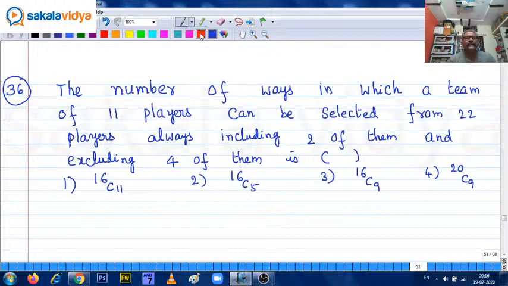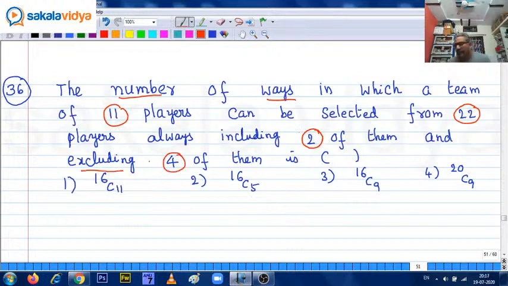So the number of ways in which a team of 11 players can be selected out of 22 players. What is the condition imposed here? 2 of them should always be included, and 4 of them should be excluded.